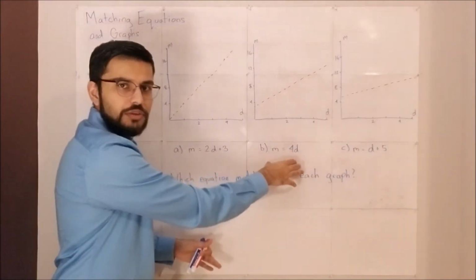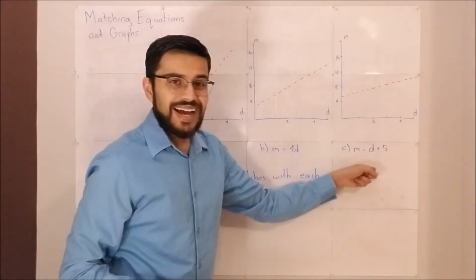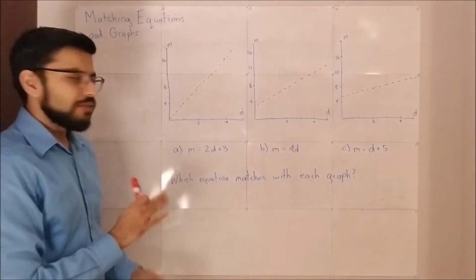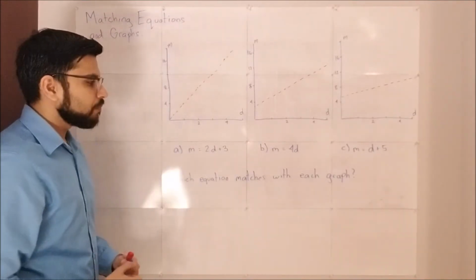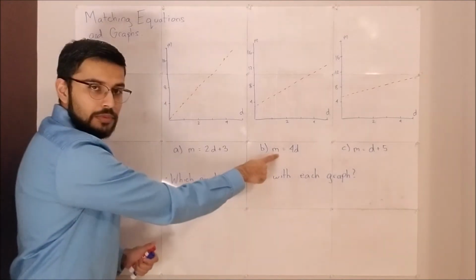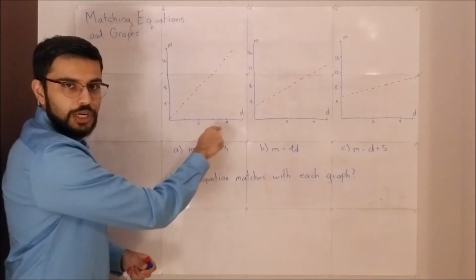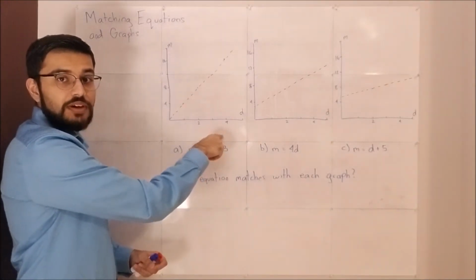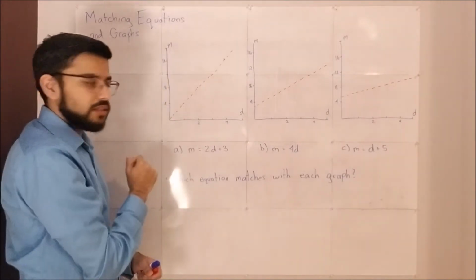And you might have figured out the second one here is the solution. But if you didn't know, our third one here adds 5. We never added 5 to anything when we're looking at this relation. Let's double check on the second one though. M should be equal to 4 times D. So no matter what number I pick on the D axis, if I multiply that by 4, that's what I should get on the M axis.